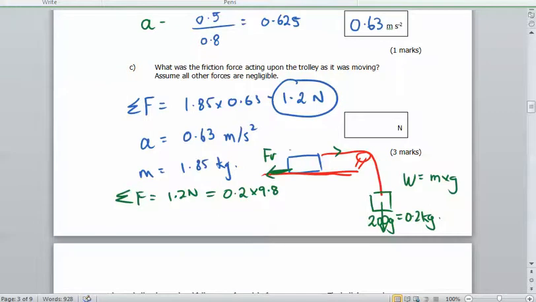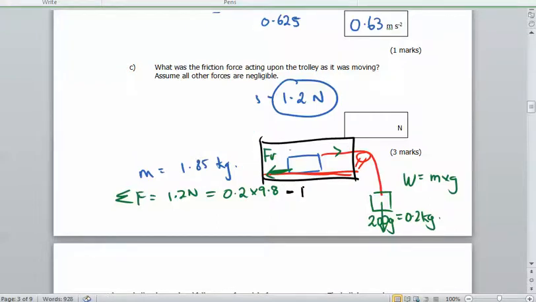Now, we really want to look at this body in this direction, because there's only two forces. There's a force pulling to the right, causing an acceleration, and there's a friction force opposing. So 0.2 times 9.8, take away what?